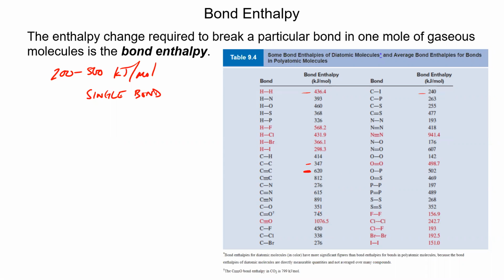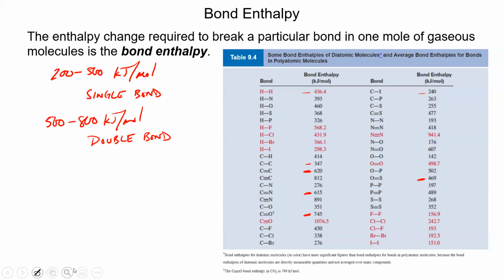There's 620. Carbon-nitrogen bond, 615. Carbon-oxygen bond, 745. Oxygen-sulfur bond, 469. And so a rough estimate is anywhere between 500 and 800 kilojoules per mole for a double bond, right? And so it's not exactly double in terms of the energy, but it is certainly larger.